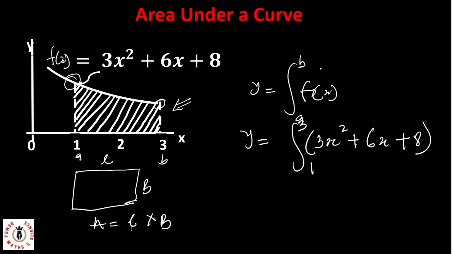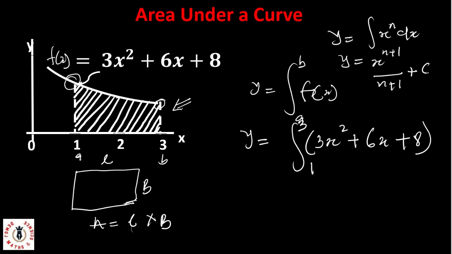Using our formula in integration, we know that if y is equal to the integral of x raised to power n with respect to x, we'll be saying that my y will be the same thing as x raised to power n plus 1 over n plus 1 plus c.